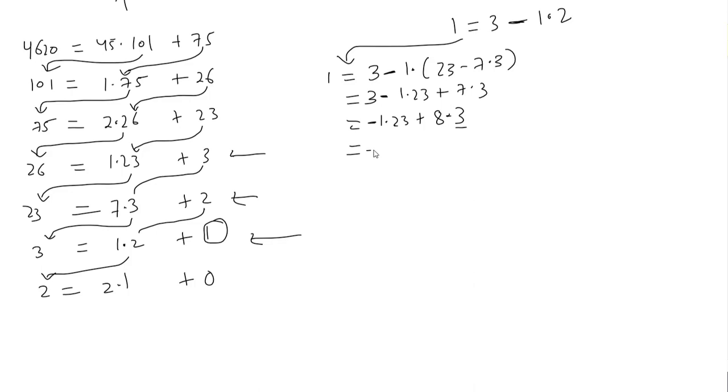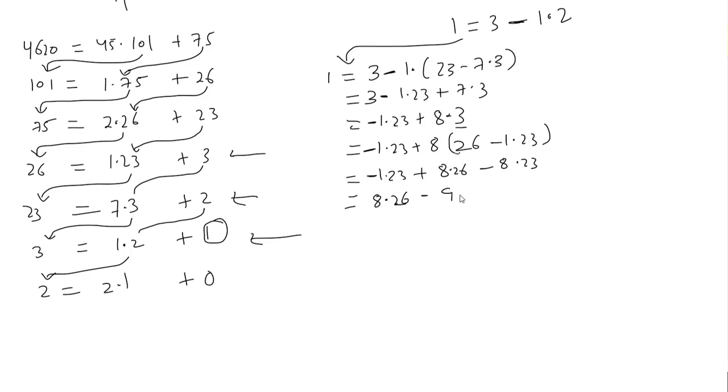So this will be minus 1 times 23 plus 8 times 26 minus 1 times 23. If we simplify this further, this is minus 1 times 23 plus 8 times 26 minus 8 times 23. So this will be equal to 8 times 26 minus 9 times 23.